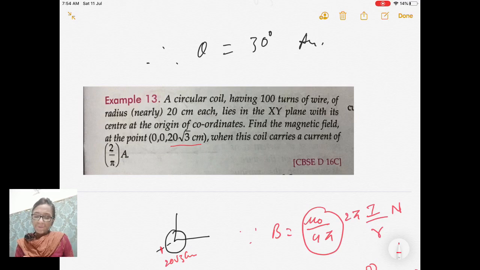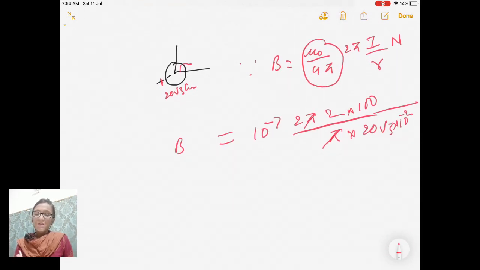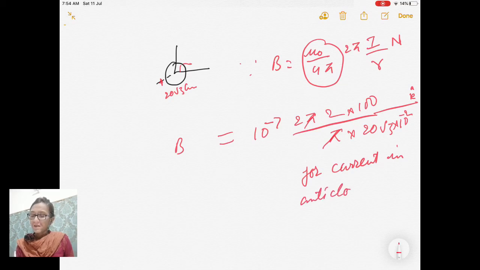Okay, direction of current is not given. If the direction is in anti-clockwise direction, then we can have field at this very point along positive z axis, means k cap, for current in anti-clockwise direction.